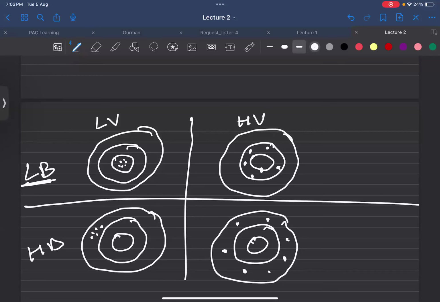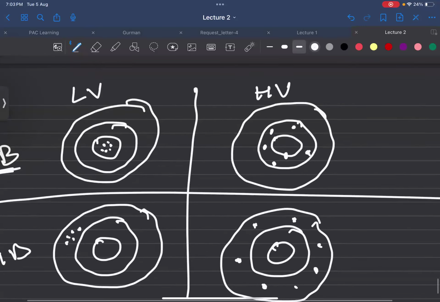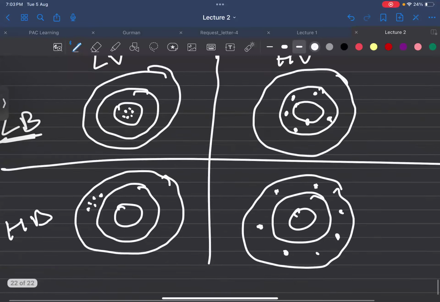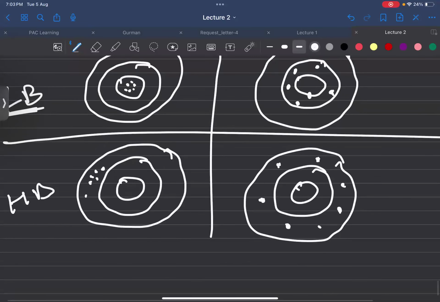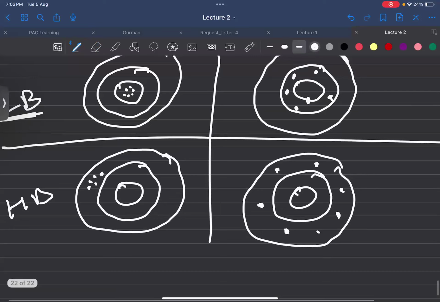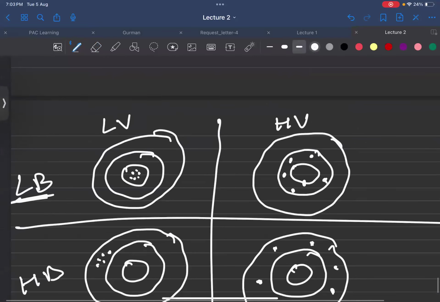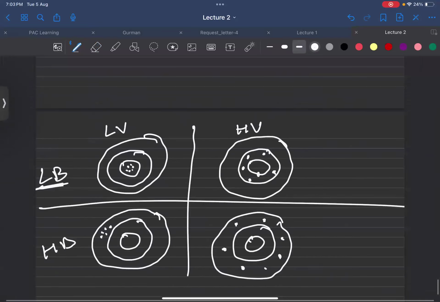In high bias, we'll be very far away from our target, but the points will stay close to each other because the variance is low. And in high variance, high bias, the points will be scattered away from the target.